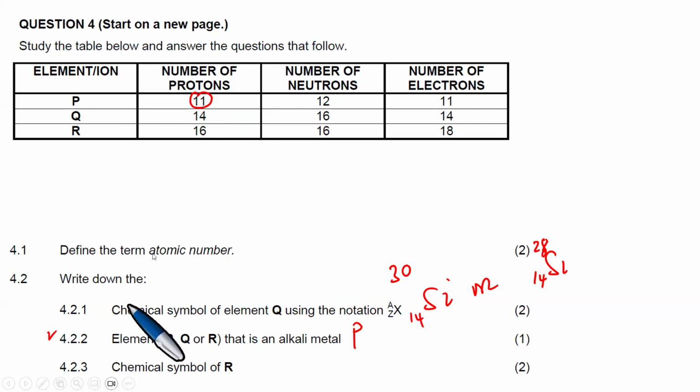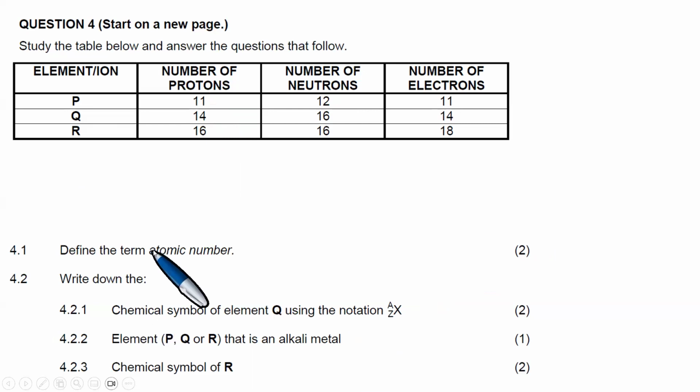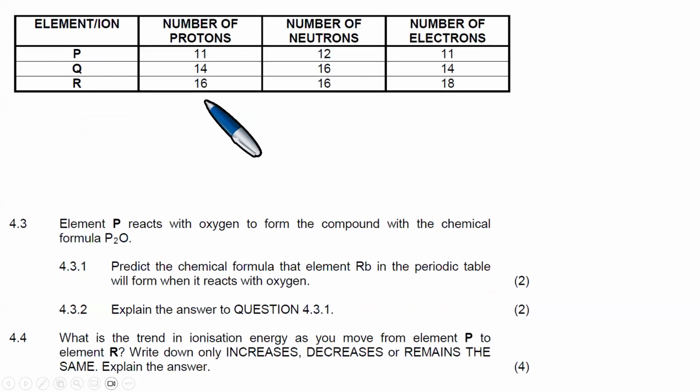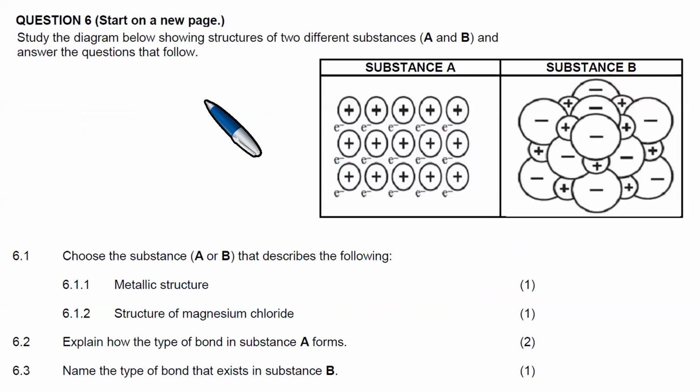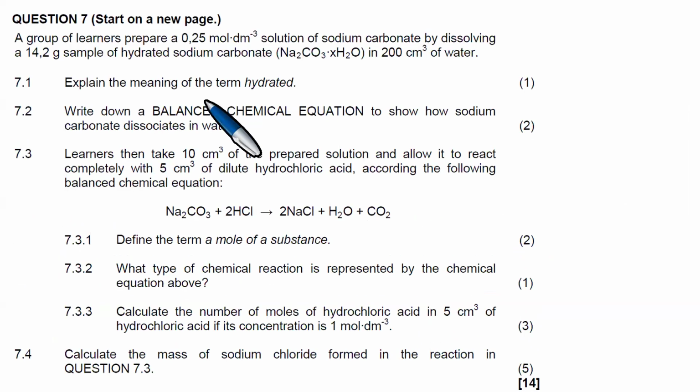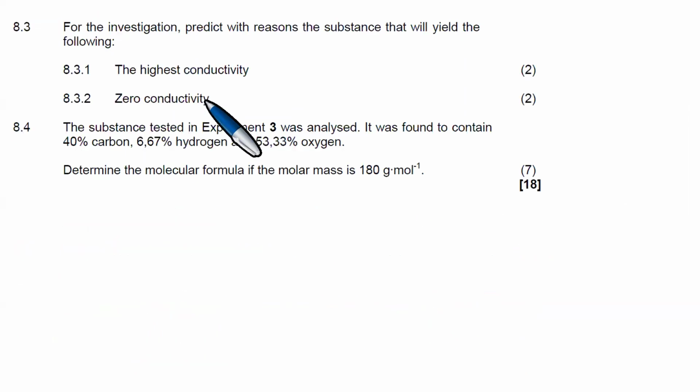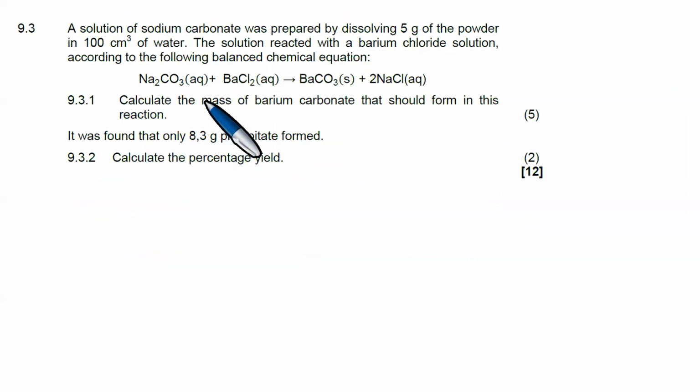How do you see that? You must go to a periodic table. These protons show the atomic number. So you can go to the periodic table and see the atomic number 11. Check 11.